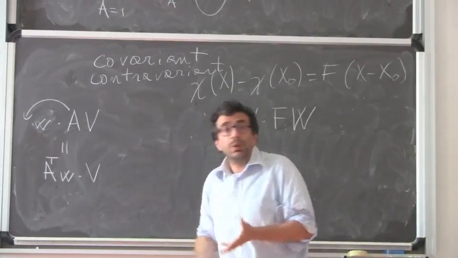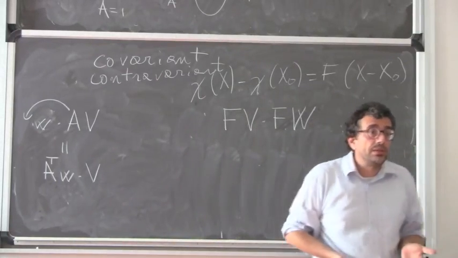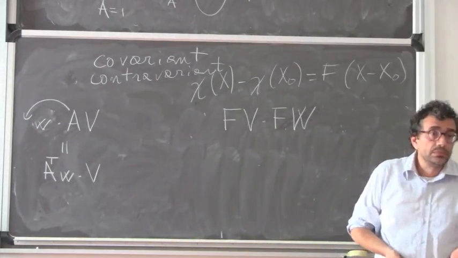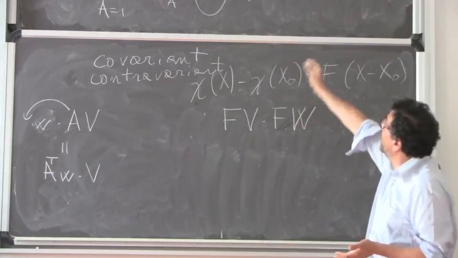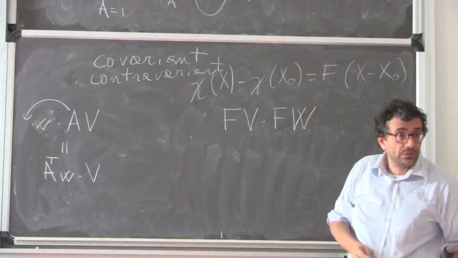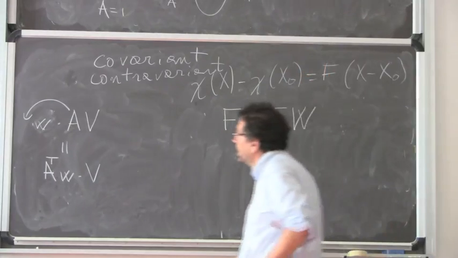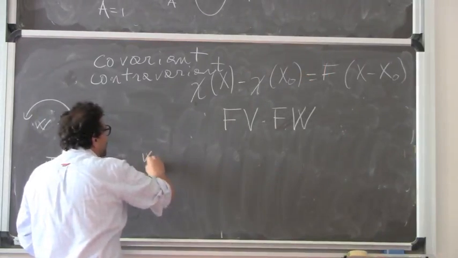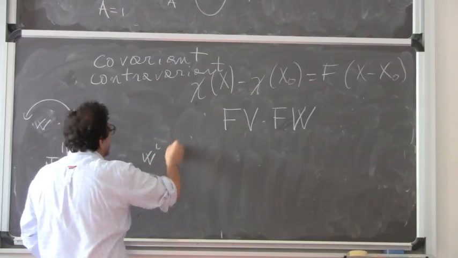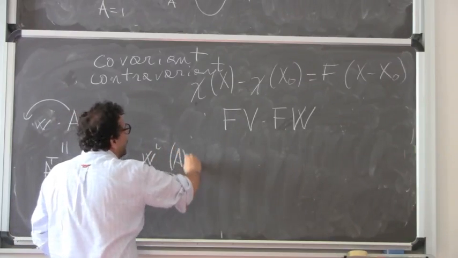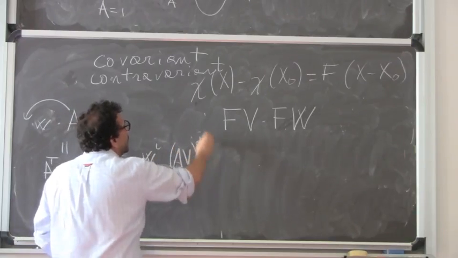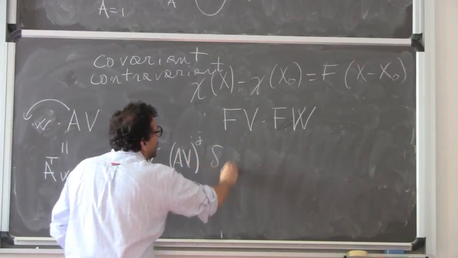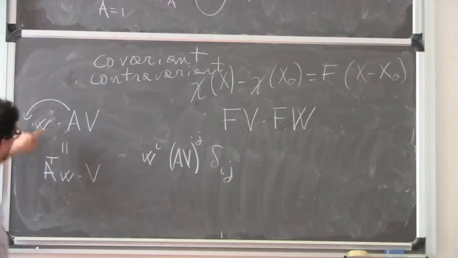So we write this in components using the calculations we have done up to now. So W_i A_iB V_j delta_ij. This is the first inner product.